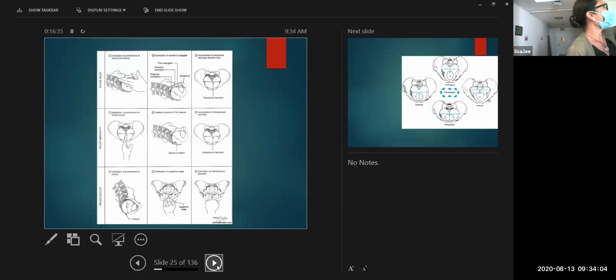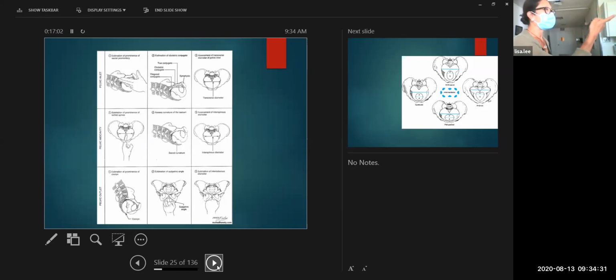There it is on the far left, estimating the AP diameter and all the different diagonals. And then the transverse is the distance across the rim of the pelvis. The mid-pelvis, which wasn't on that initial chart, you measure by looking at the distance between the ischial spines, and then figuring out the curvature of the sacrum.